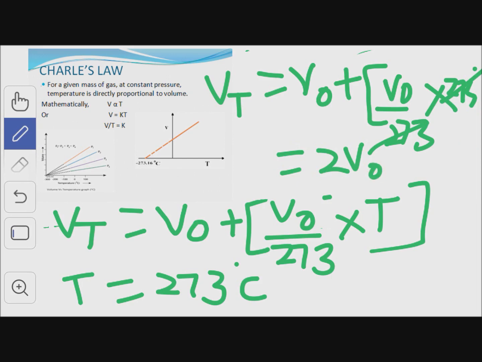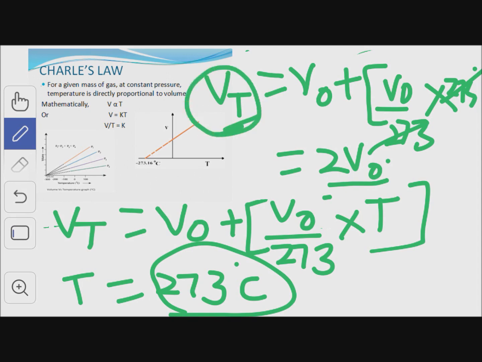It means at 273 degrees Celsius, the final volume of the gas is double the initial volume, V naught.